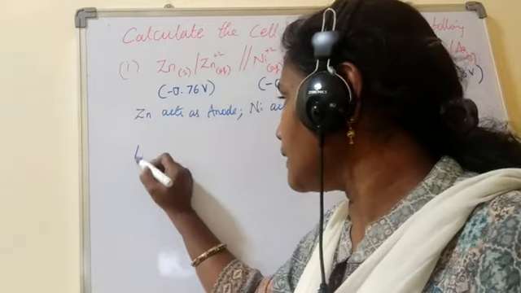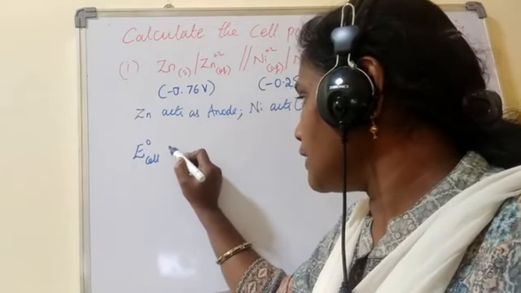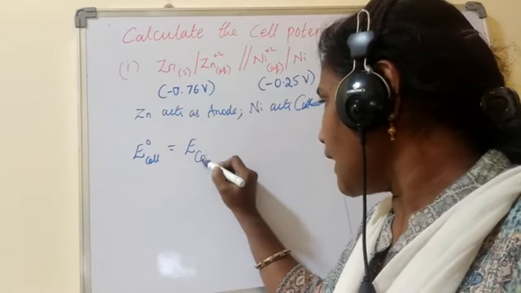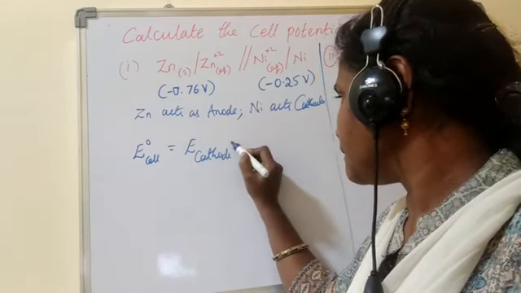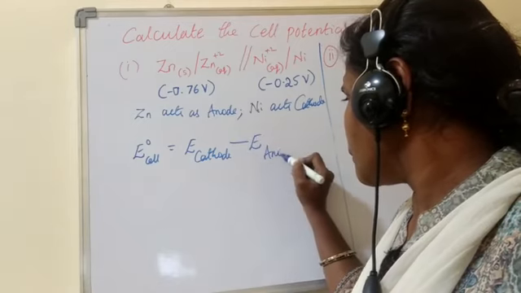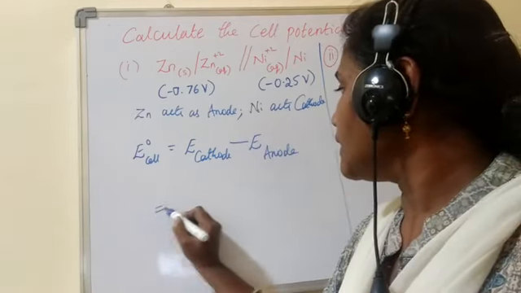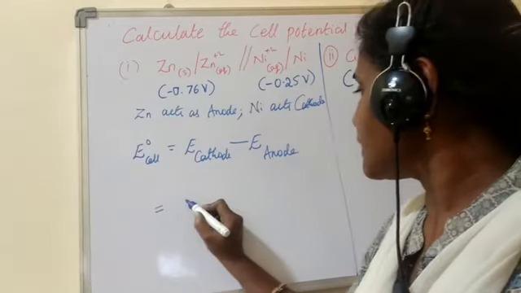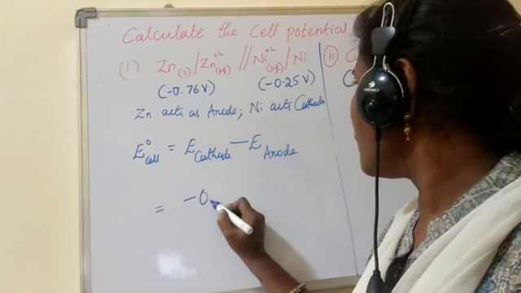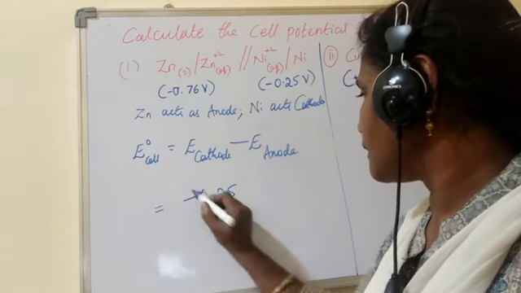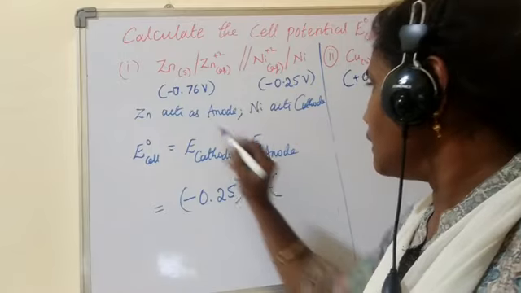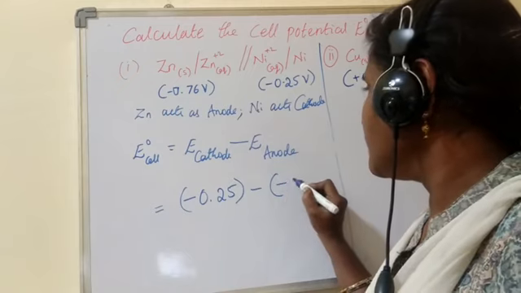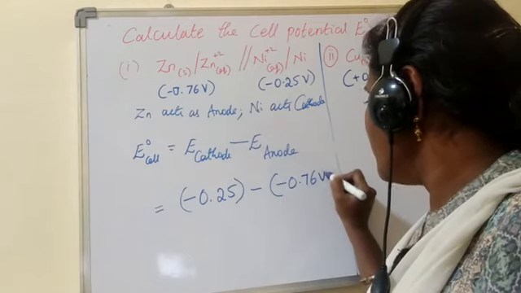Its reduction potential values are given. Now we need to calculate E0 of the cell. What is the formula for E0 of the cell? E0 of the cell is equal to E cathode minus E anode. Therefore, what is the cathode value? Look here, minus 0.25 volt. And what is zinc, I mean the anode? Anode is minus 0.76 volt.